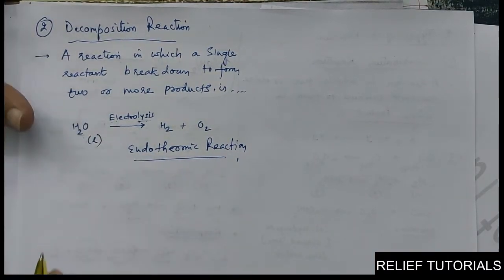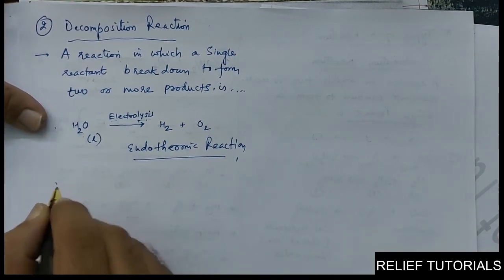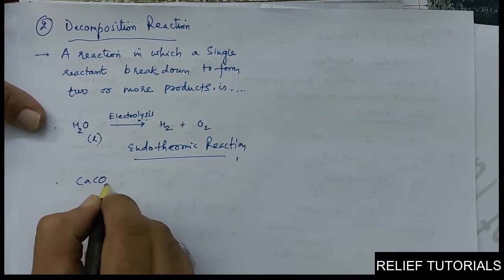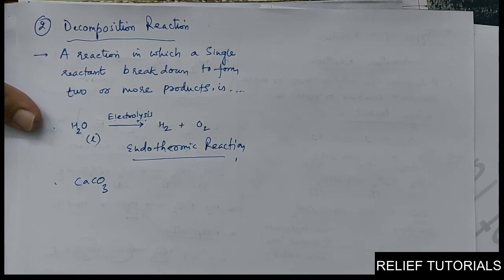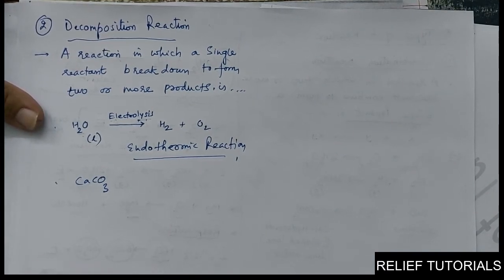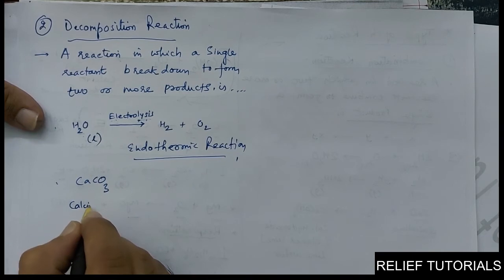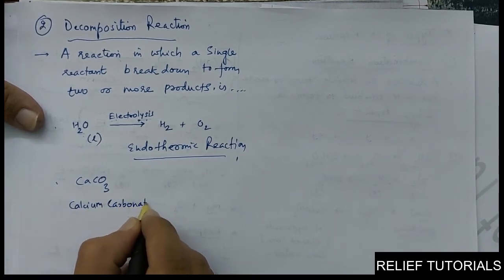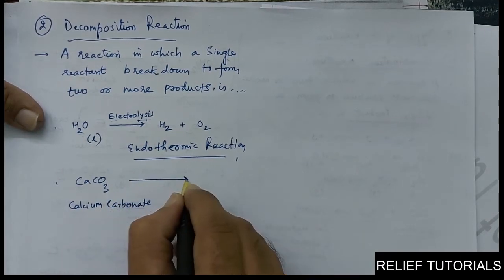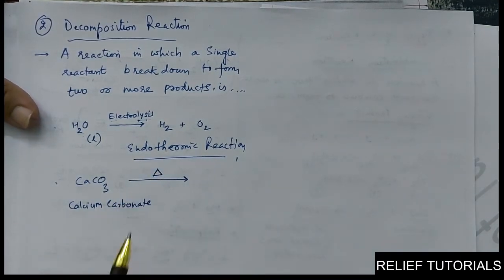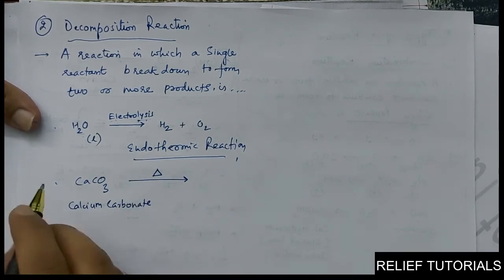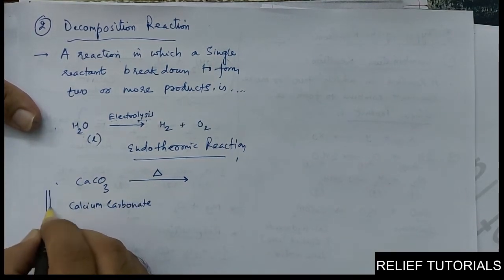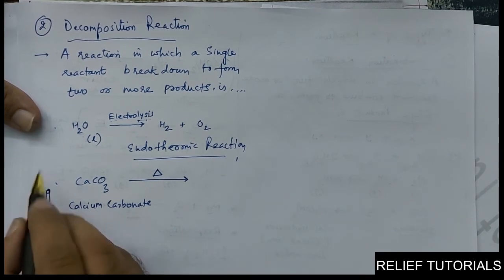Let us say one example. CaCO3, calcium carbonate, limestone we can say. When heated, so this is a symbol for providing heat. We can have the structure like this. Let us say this is a Bunsen burner, and here we are having a limestone.